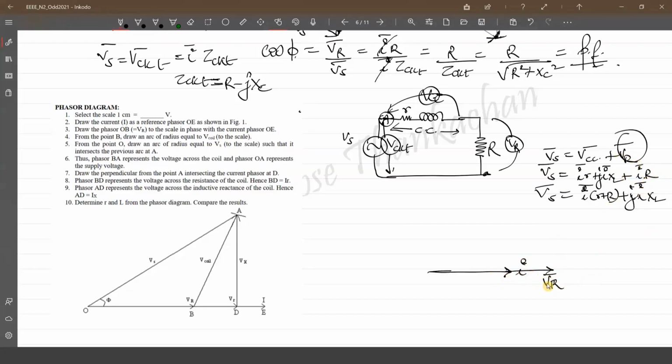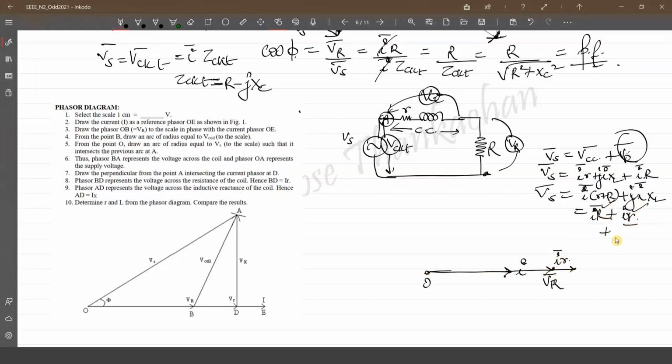Now to this VR, I am going to add I into small r, again in the same phase, because they are resistances. Measuring from point O, this is capital VR, and adding I into small r in the same phase gives the next point.